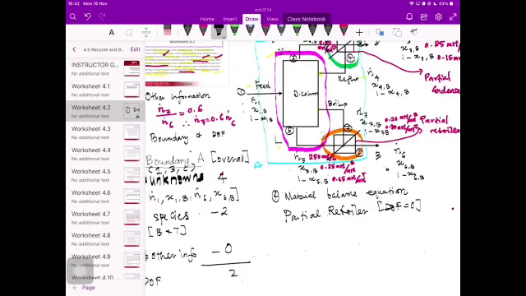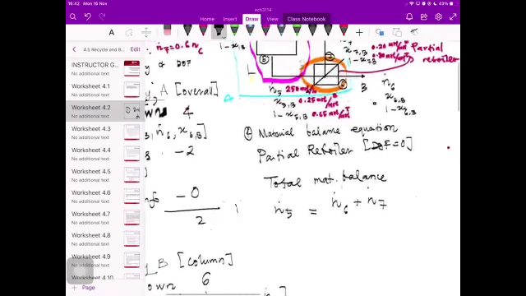So what are the streams going into the partial reboiler? Let us do a total material balance first. So our total material balance will be N5 is equal to N6 plus N7, right? So why can we add in moles here? Because there is no reaction, there is no accumulation. It is a continuous steady state process.